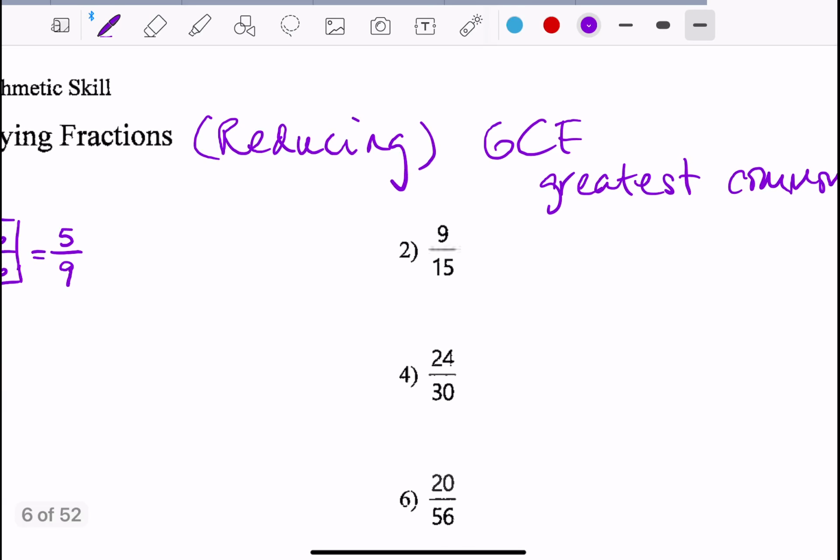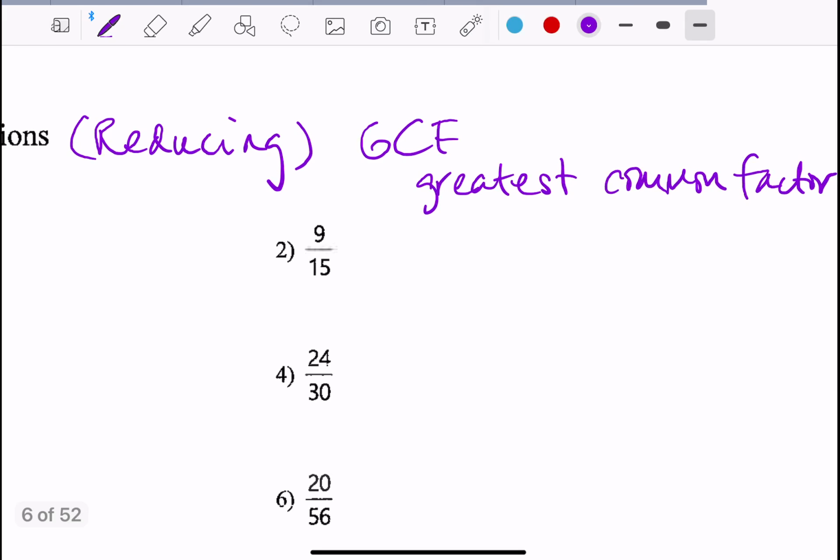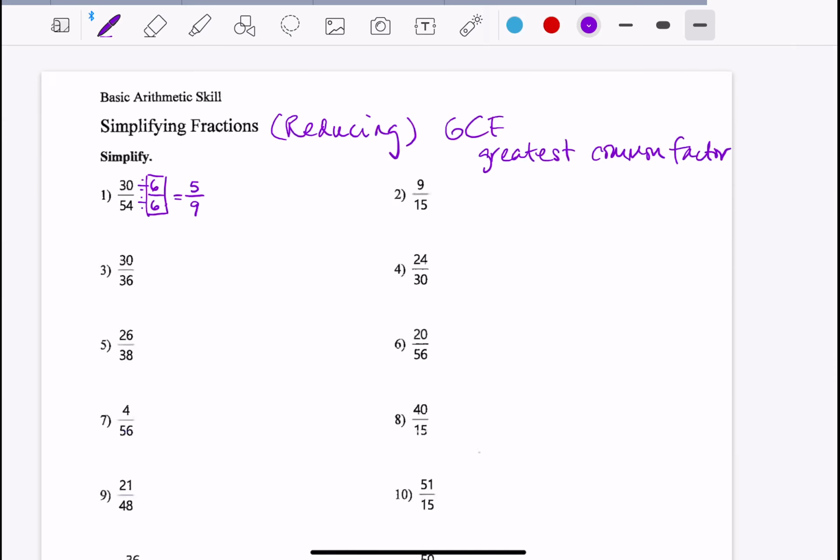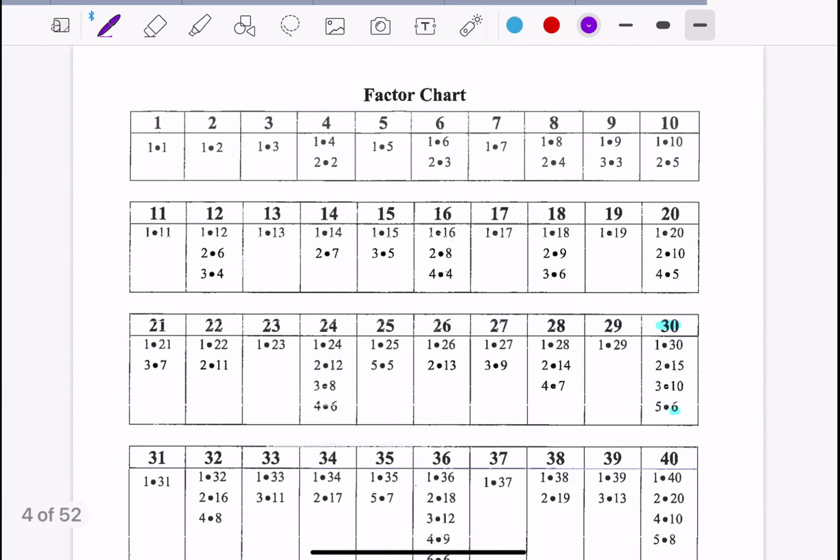So if we look at number 2, I have 9 and 15. Most people probably know that 9 and 15 both have a common factor of 3. Is it the biggest common factor? We can go back and check. So we're looking for 9 and 15.